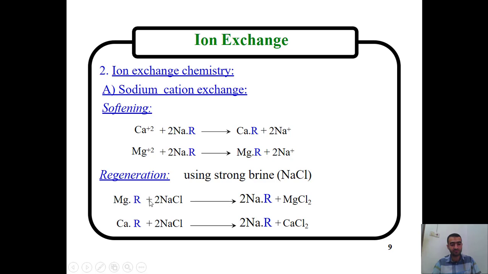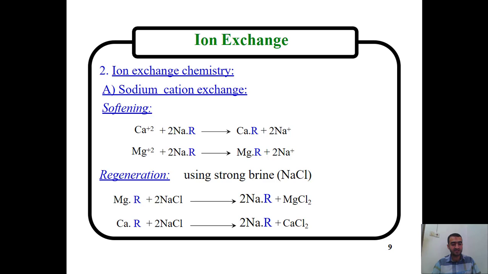In the regeneration process for this kind of cation exchange, we use a strong brine. Brine means a solution that contains a high concentration of NaCl. It's a very salty solution.